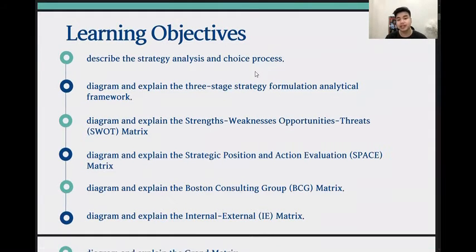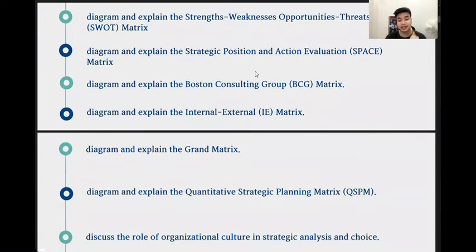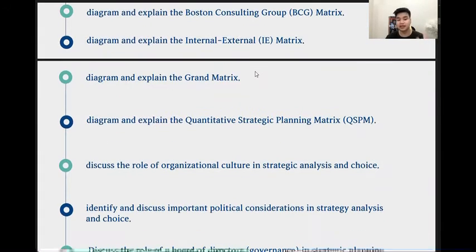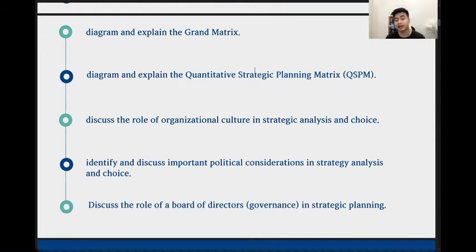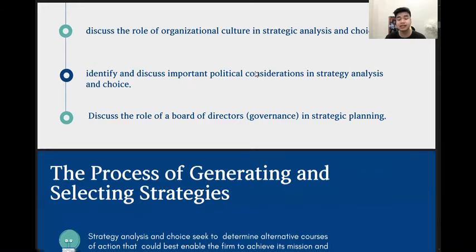Number one is to describe the strategy, analysis, and choice process, diagram and explain the three-stage strategy formulation analytical framework; to diagram and explain the different matrices, which are the SWOT matrix, SPACE matrix, BCG matrix, IE matrix, Grand matrix, QSPM, or the quantitative strategic planning matrix; discuss the role of organizational culture in strategic analysis and choice; identify and discuss important political considerations in strategy analysis and choice; and to discuss the role of a board of directors in strategic planning.